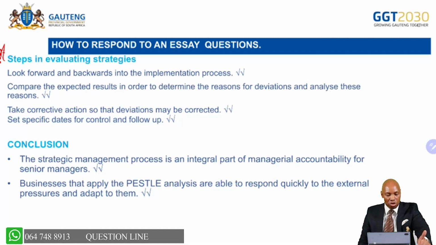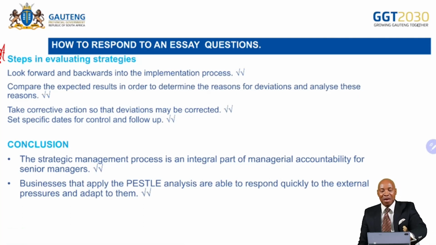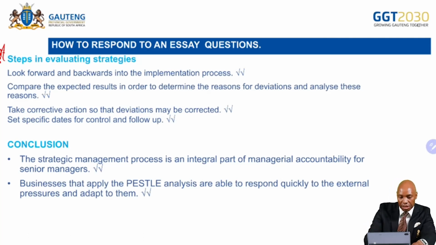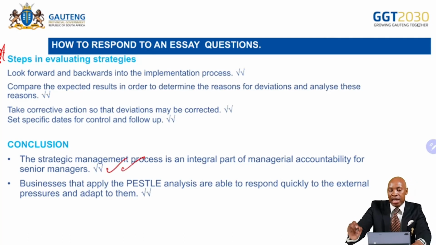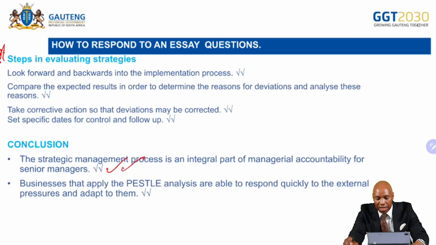Our essay is concluded by: the strategic management process is an integral part of the managerial accountability for senior management. Right? You can also use the PESTLE analysis: businesses that apply PESTLE analysis are able to respond quickly to the external pressures and adapt to them. Then you have your 2 marks for writing a statement under introduction.